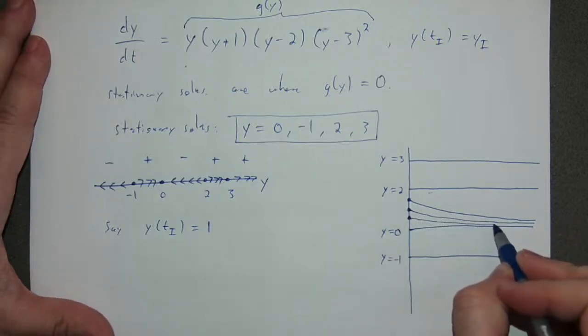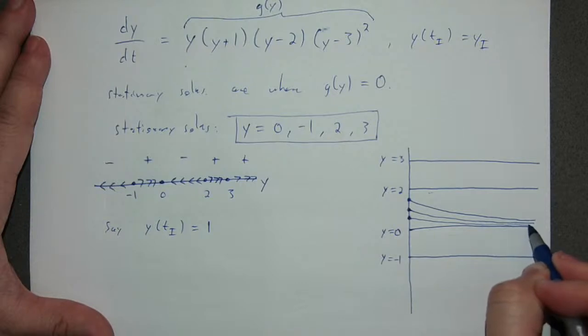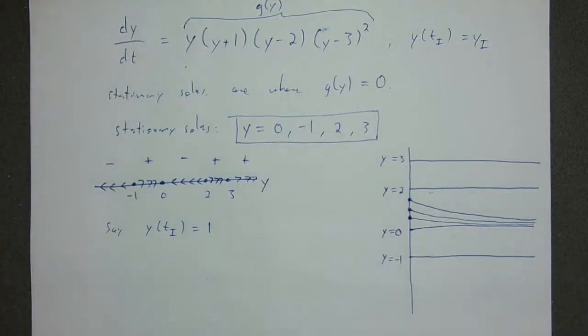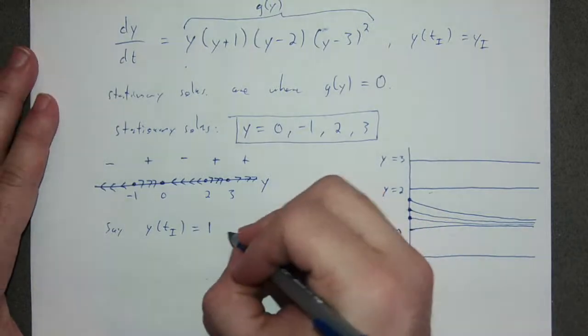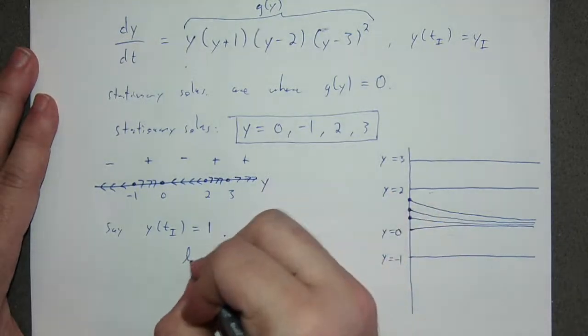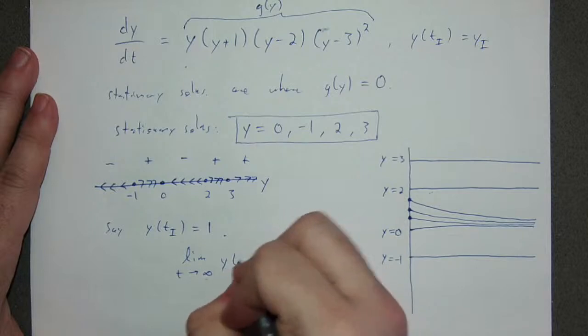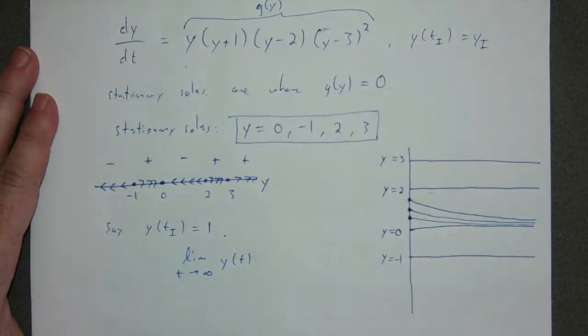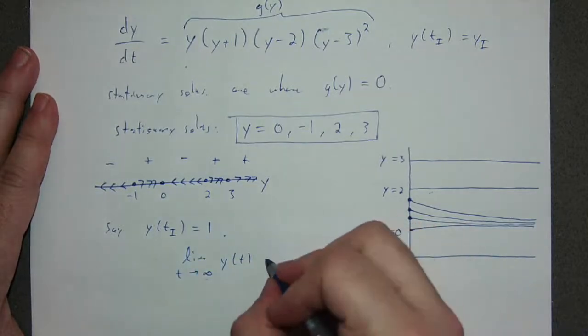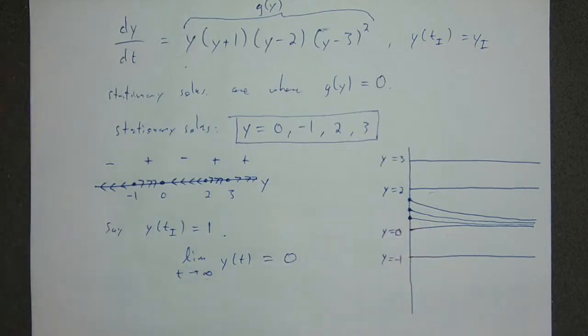Again, these things are not allowed to touch or cross, so I'm being very careful here. Okay. What is this saying? It's saying that the limit as t goes to infinity of y of t, if the initial value of y is 1, is 0.